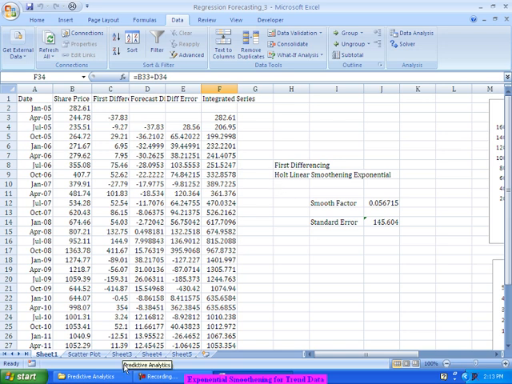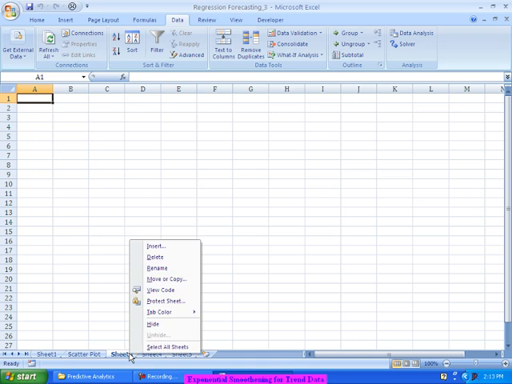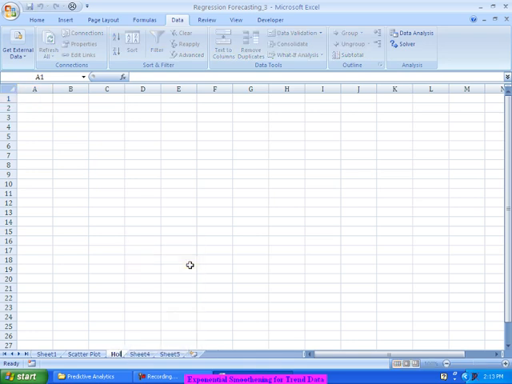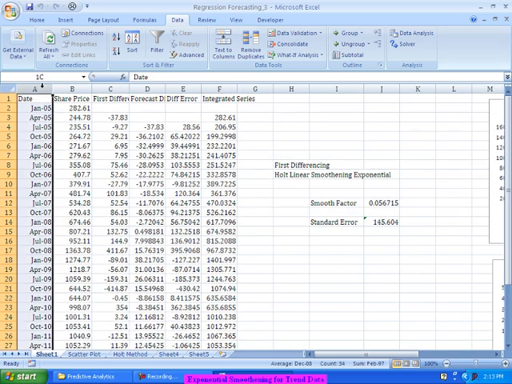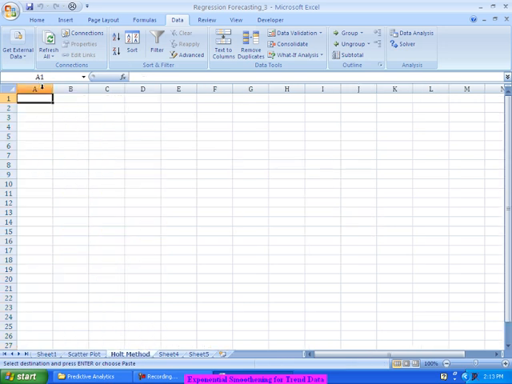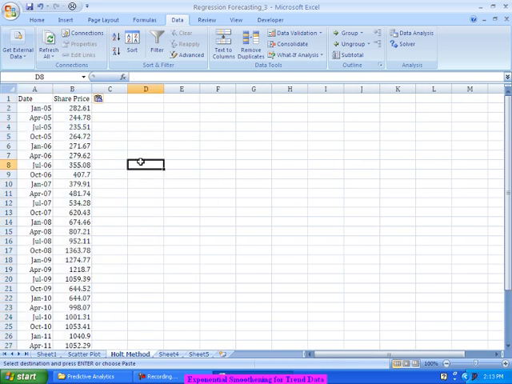So I'll open up a new sheet, and I'll call it Holt method, especially again applicable for time series data only. I'll take only these two columns of data to start with, the date as well as the share price.